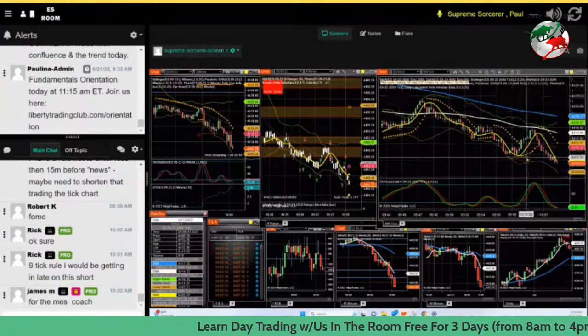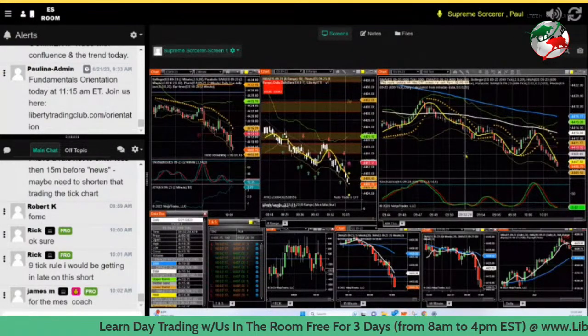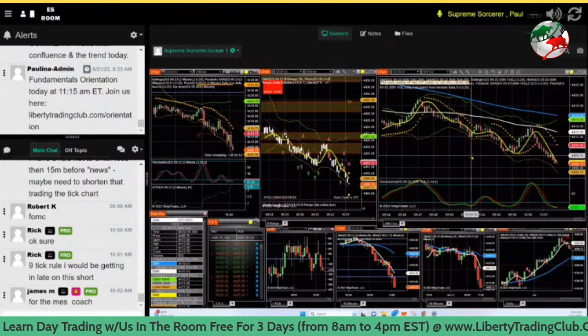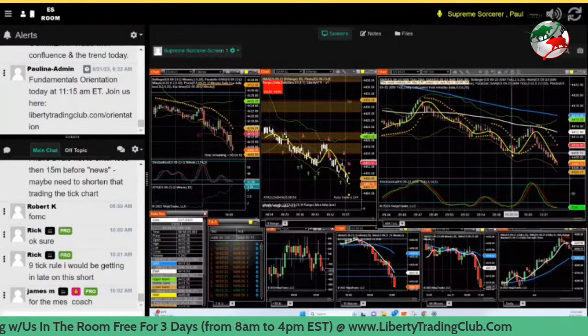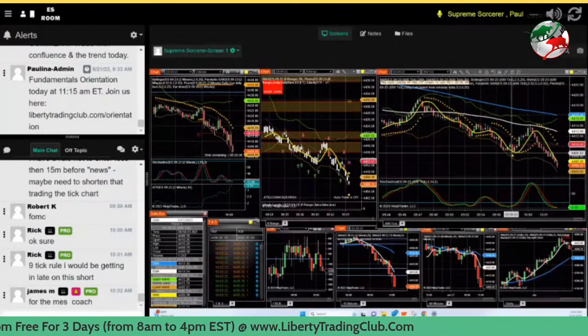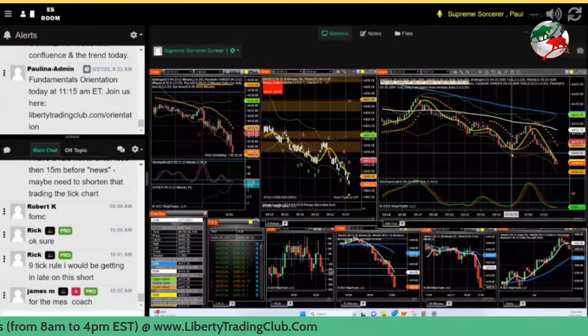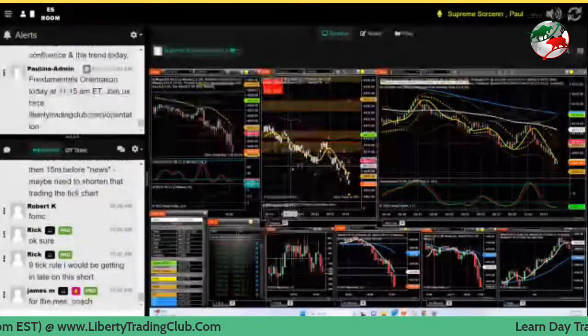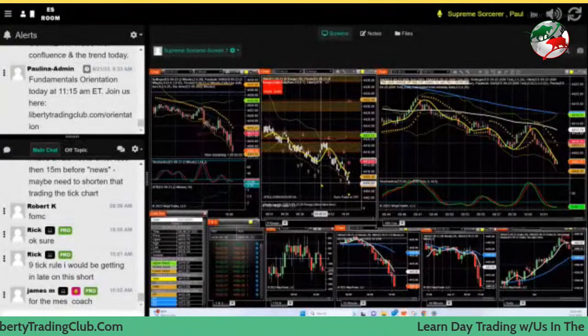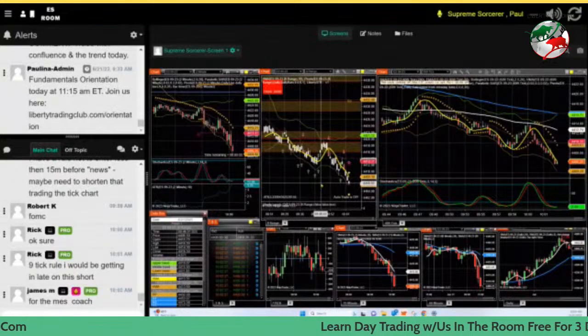A bit stronger of a sell signal. It's going down now, guys. Get on the train or don't trade. How about that?